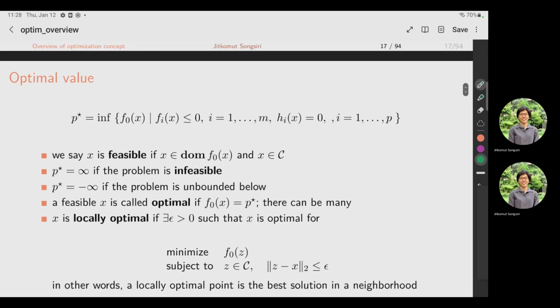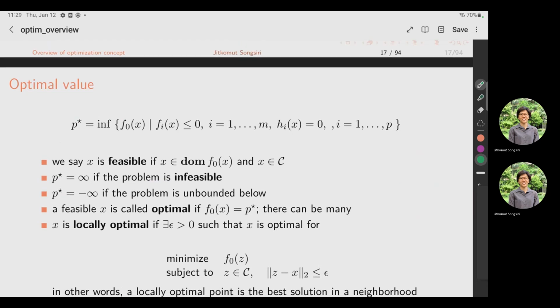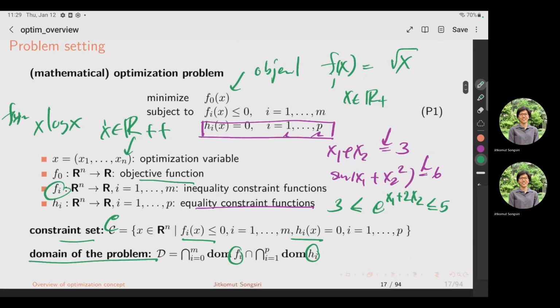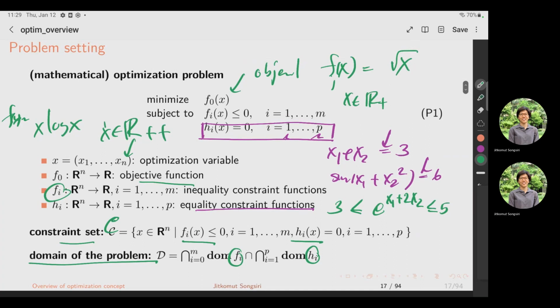Optimal value of a problem. Maybe go back again. An optimization problem is stated as a problem, the whole thing that has 3 elements, as I said before: the description of what is my variable, what is my objective function, and what are my constraints.